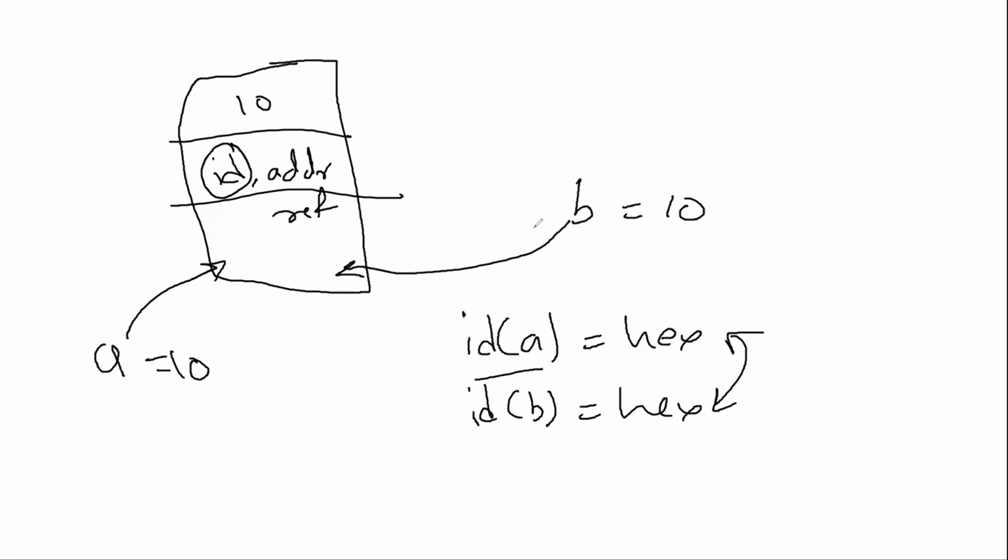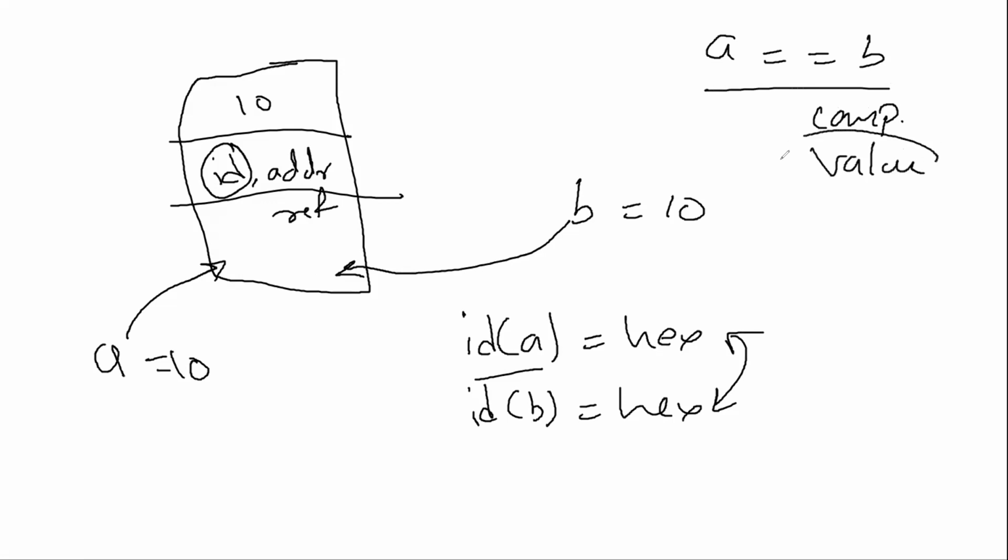So what happens when I say A is double equal to B? This is a comparison of value. This is not comparing the address where A and B are stored, this is the address, right? So how to compare if A and B are both pointing to the same address? For that we can use A is B. Okay.